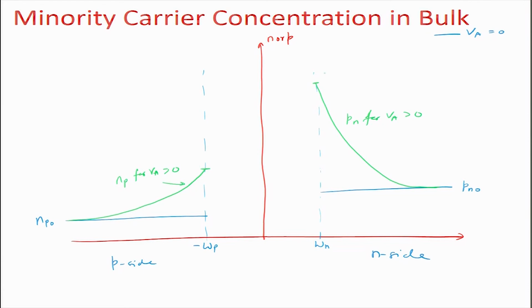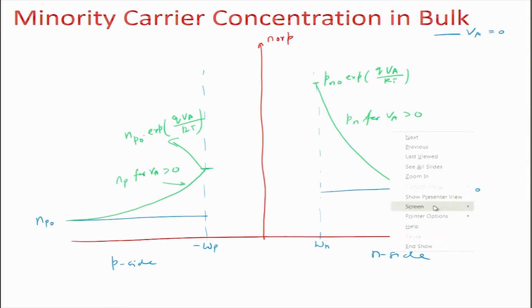So this would be equal to Pn naught exponential of Q Va by kT, and this value will be given similarly by Np naught into exponential of Q Va by kT, alright. This is simple, straightforward mathematics, there is nothing too clumsy about it.